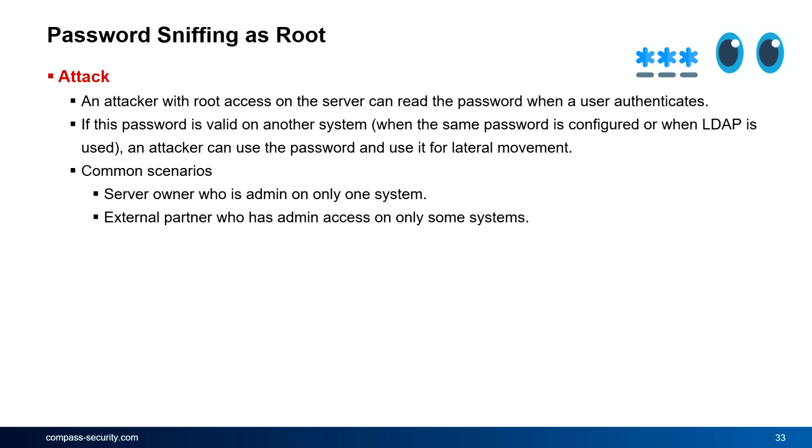This cannot only be a server owner, it can also be an external partner who has admin access only on some systems because they may be responsible for maintaining these systems. They could also perform this attack and then use the sniffed credentials to access other systems in the network.